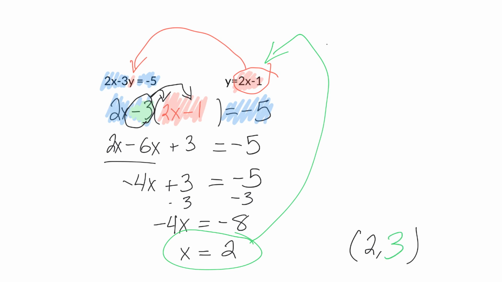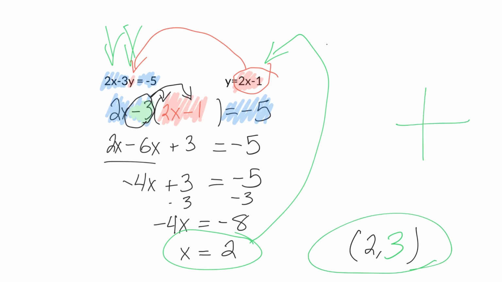If I wanted to double check it, I'd plug in both of them into the other equation. 2 times 2, that's 4, minus 3 times 3, minus 9, does give me negative 5. It works for both. That means 2 comma 3 is that point of intersection on the graph. It's where both of them are going to cross. So I have 2 lines. That's what happens.